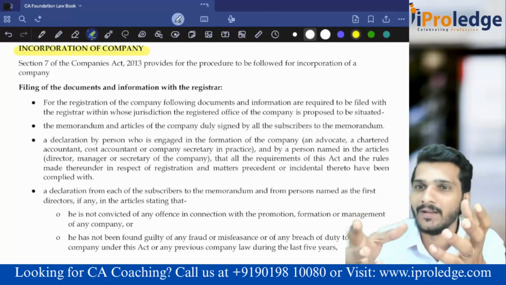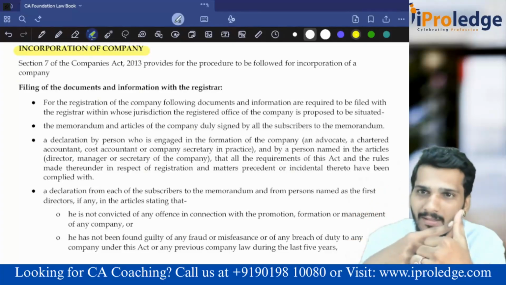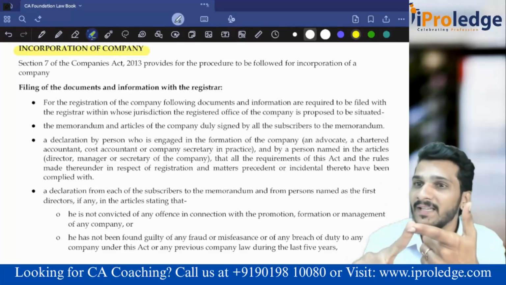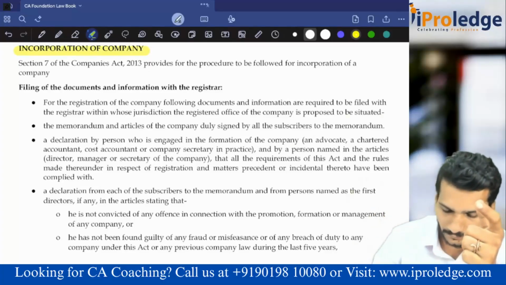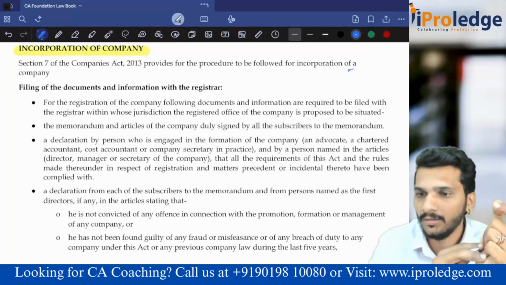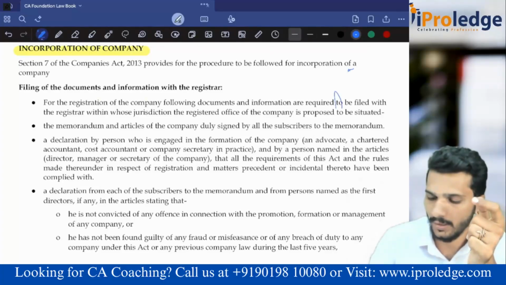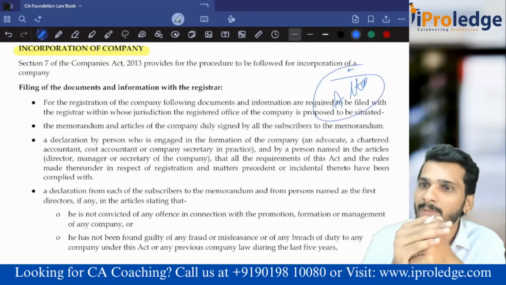It should be visible. It should be correct. It is not like a doctor's writing. Legible and conspicuous. What is conspicuous? It should be easily visible. You can't write something unreadable. You write it as A Limited. It should be legible as well as conspicuous.